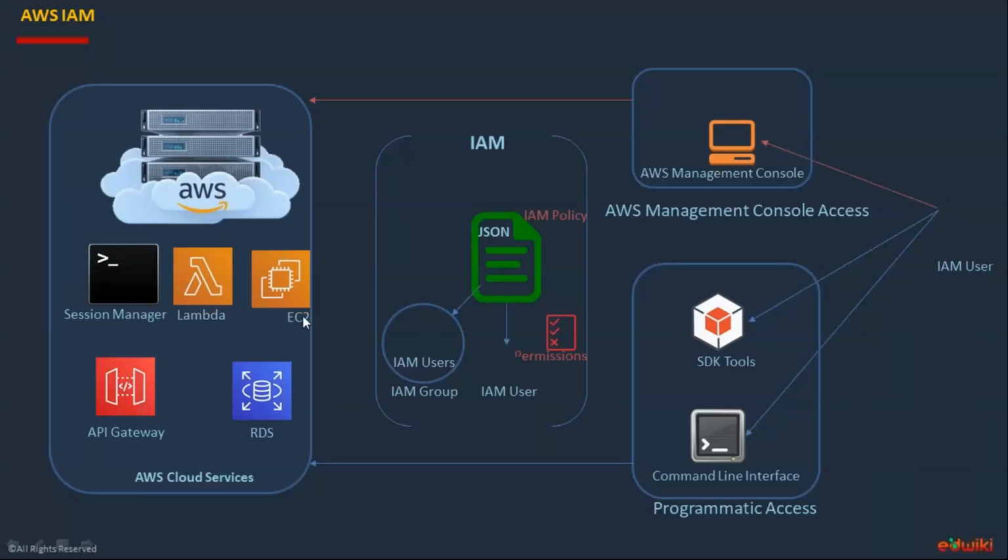So far we talked about EC2, Route 53, today IAM, but there are many other services. Here you can see services like Lambda, Session Manager, API Gateway, RDS, and there are hundreds of services, right? So a resource of one service wants to access a resource of another service.